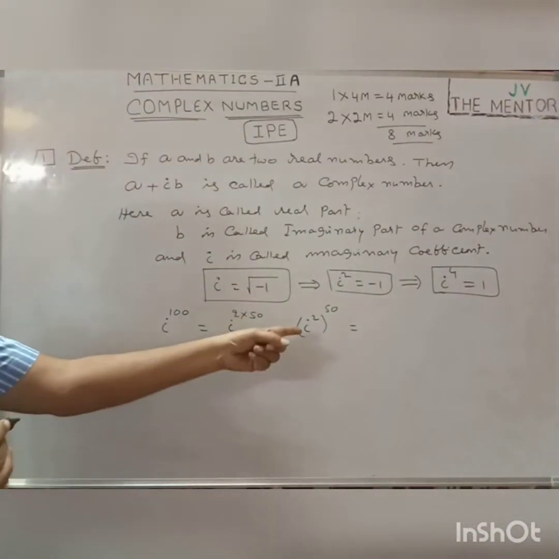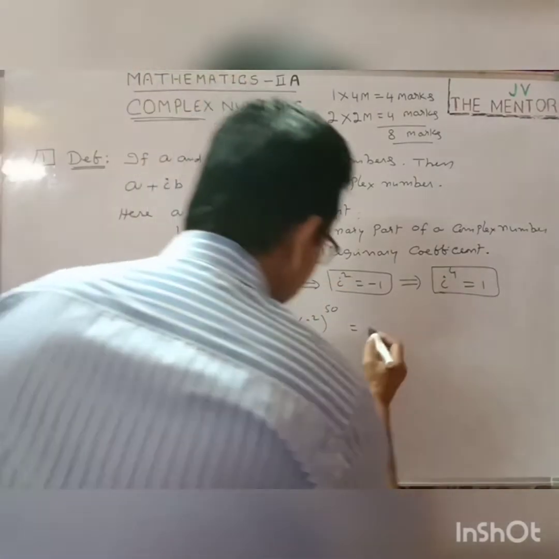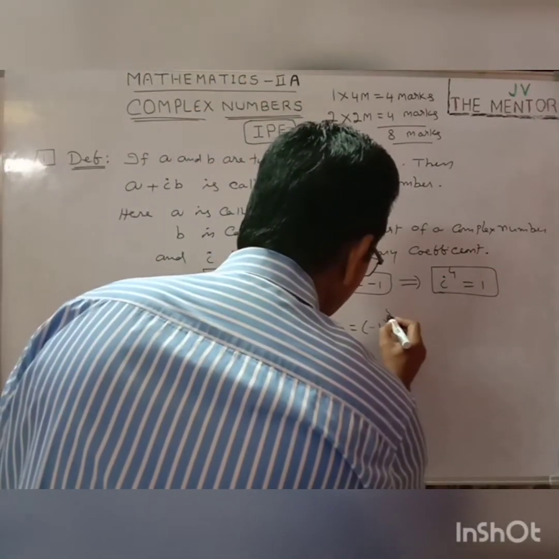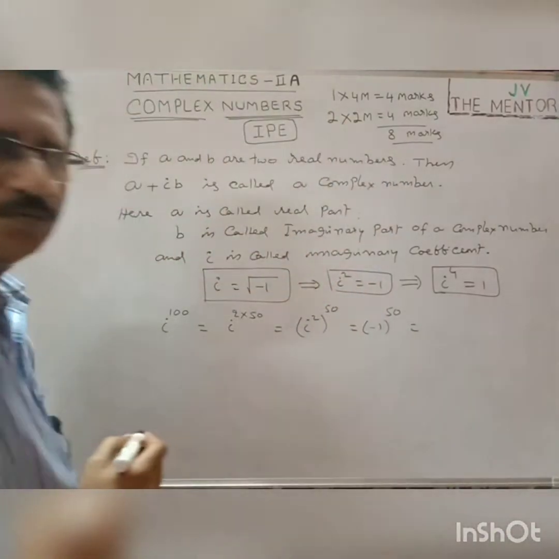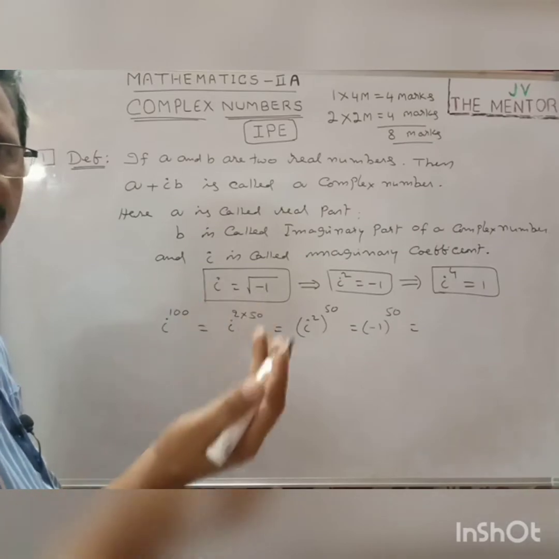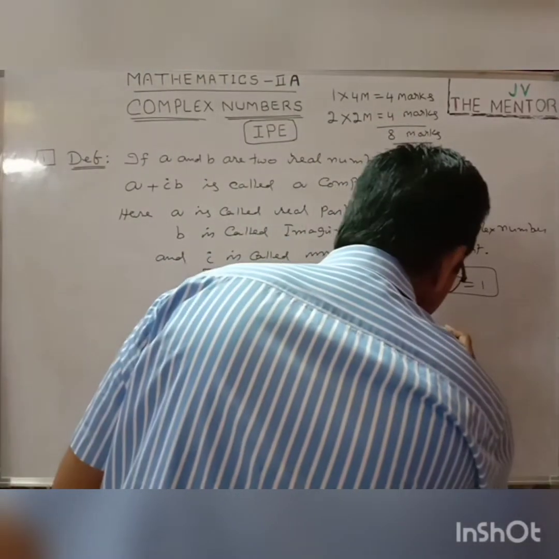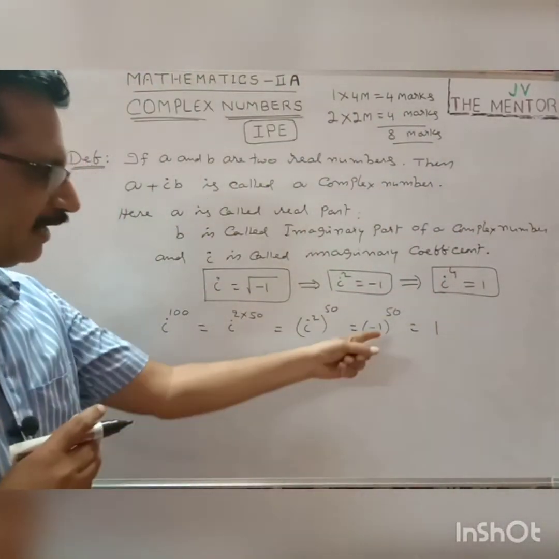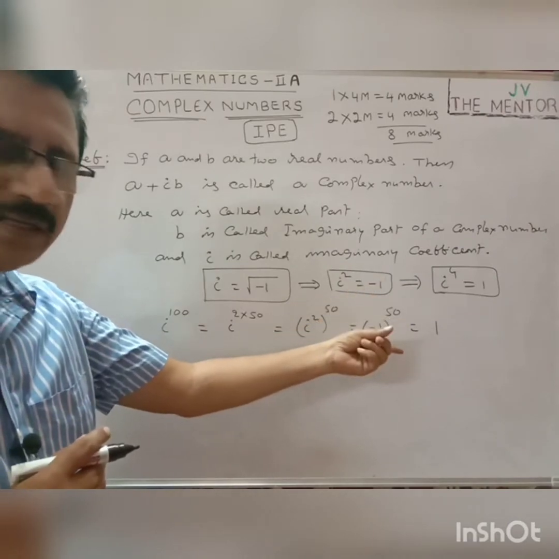The value of i square is -1, so -1 whole power 50. Here 50 is an even number, and -1 whole power even is 1. If -1 whole power odd, it is -1.